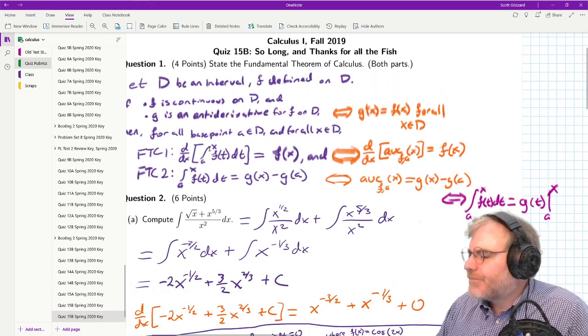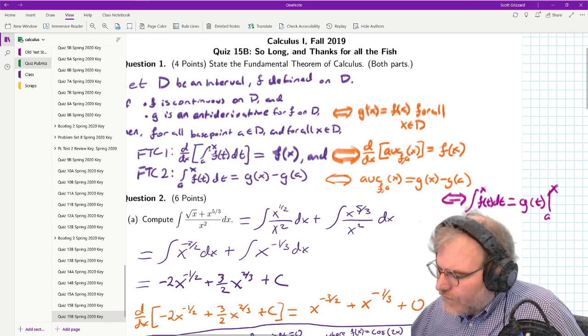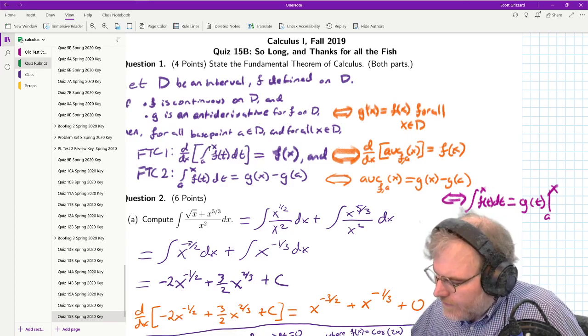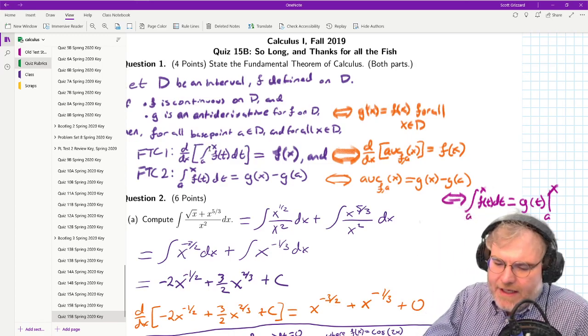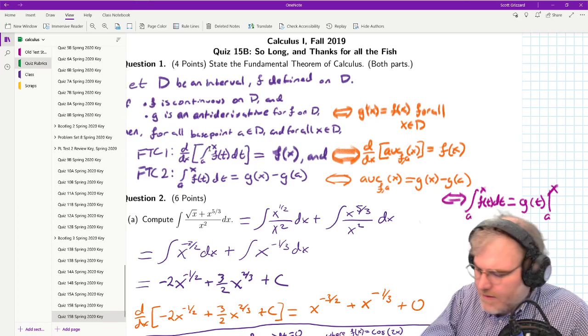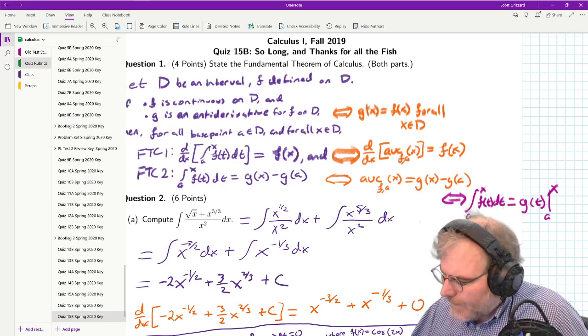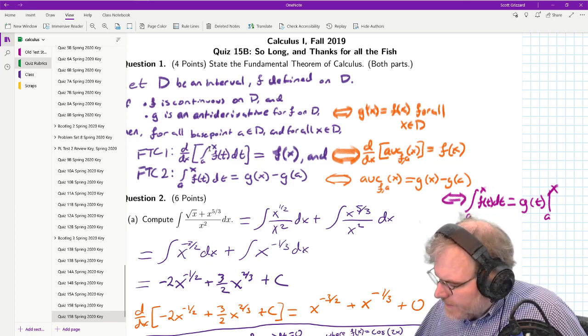All right, so how do we feel about this first question, 1 to 5? Stating the fundamental theorem of calculus. I told you it would be on every single one of them.